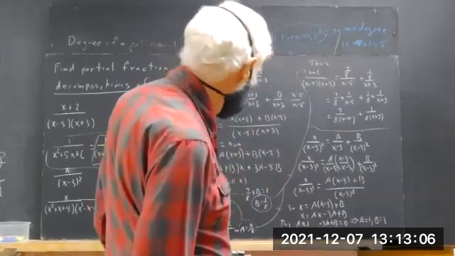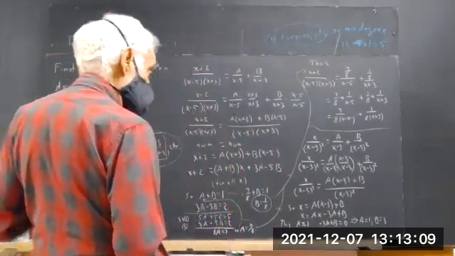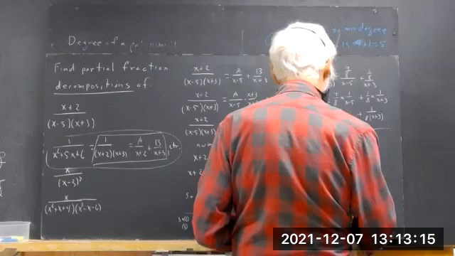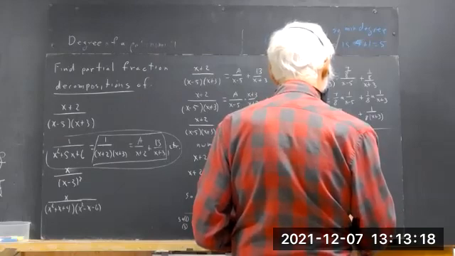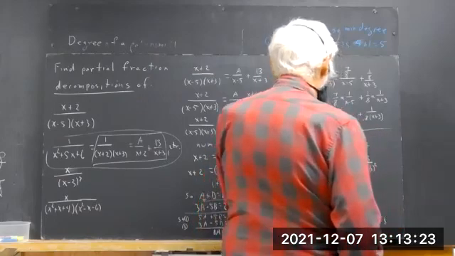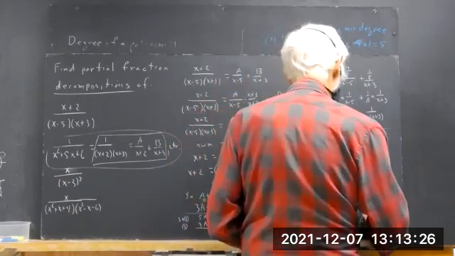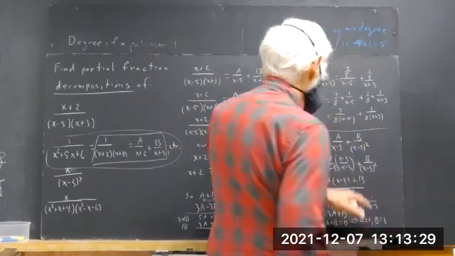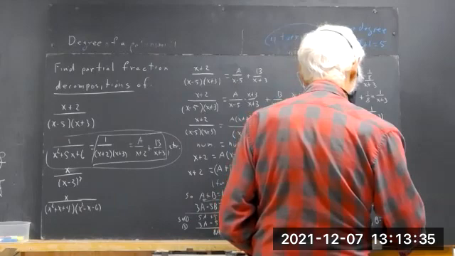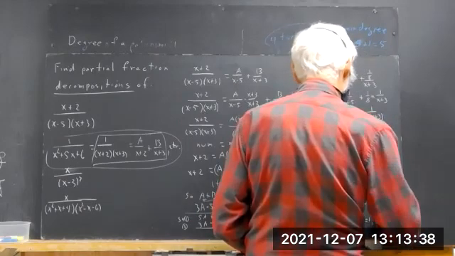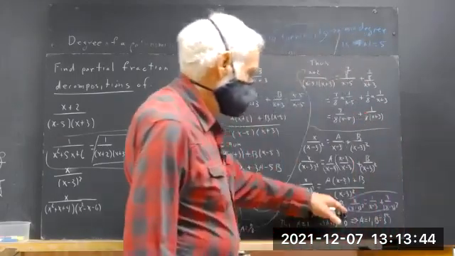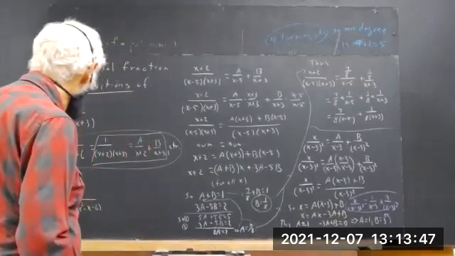So your decomposition, I'll write it here: a over x minus 3, that's going to be 1 over x minus 3, plus b over (x minus 3) squared, b is 3. There's your partial fraction decomposition in this one.